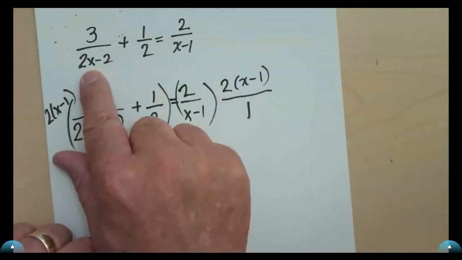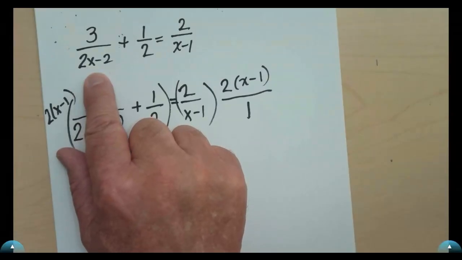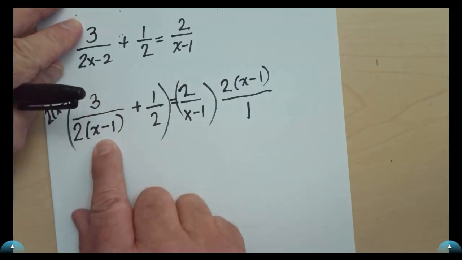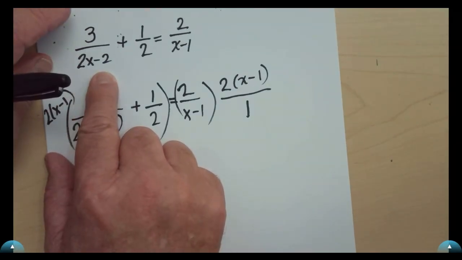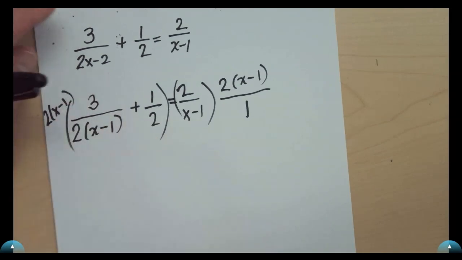What about in this one? What would I replace x with to make that one 0? 1. If you just look down here, it'd probably be easier to see. 2 times 1 is 2 and 2 minus 2 is 0. So I replace x with 1.